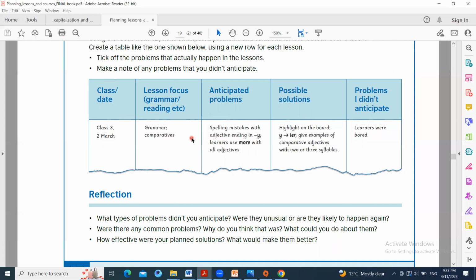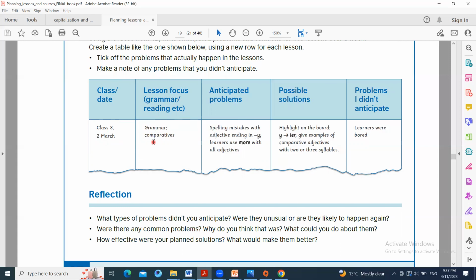This can be included in your lesson when you prepare your lesson. So think of class and date: class 3, the date 2nd of March. Lesson focus, grammar or reading, etc. We can say it's on grammar.